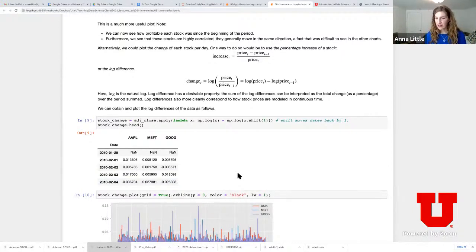Okay, and then let's see, we got a question. Why is it not price t minus price t minus 1 over price t minus 1? You could do that too. Both of these are interesting things to look at. Oh, I see.